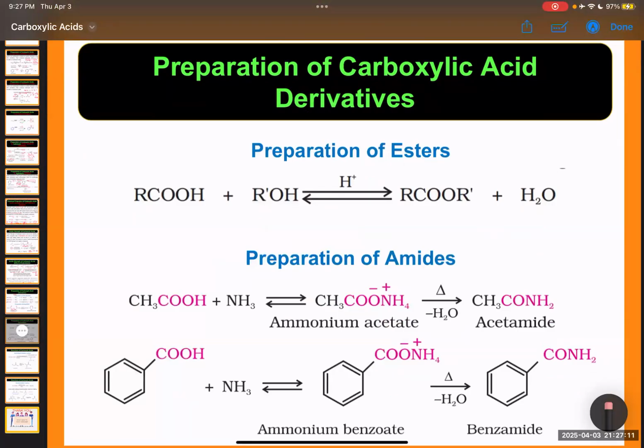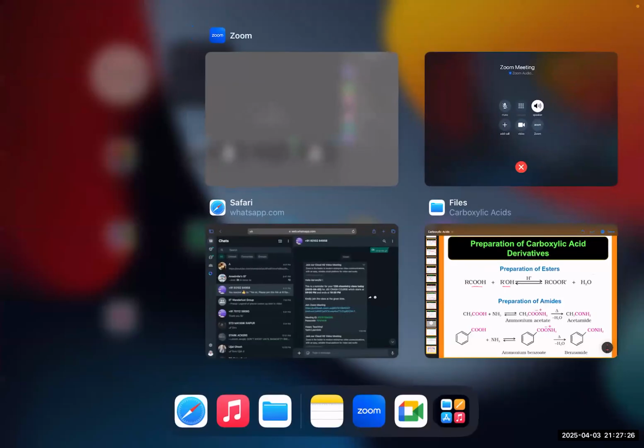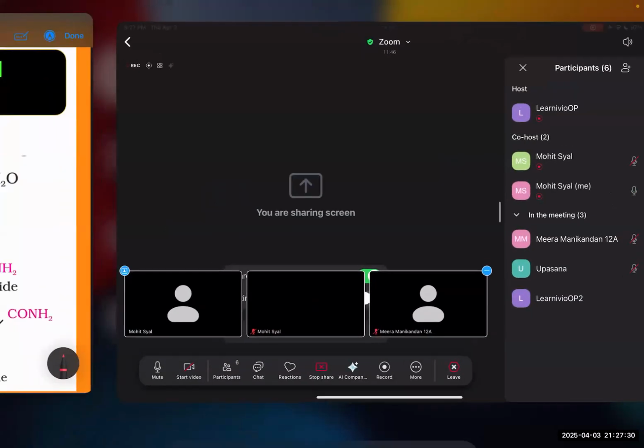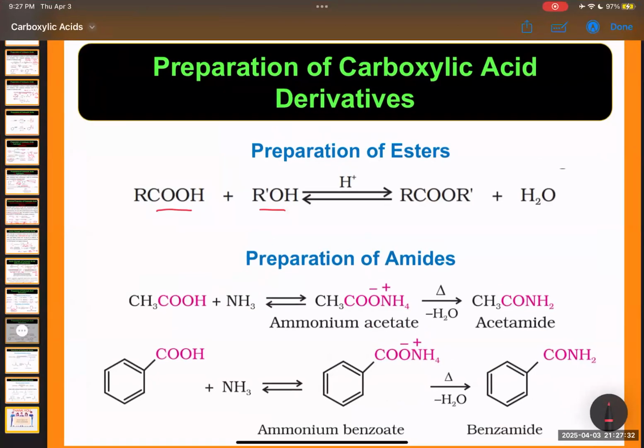Similarly, you can have carboxylic acid derivatives. Other derivatives include esters. Esters can be prepared by heating carboxylic acid and alcohol. Is it clear? Carboxylic acid and alcohol can be heated together in the presence of concentrated H2SO4.